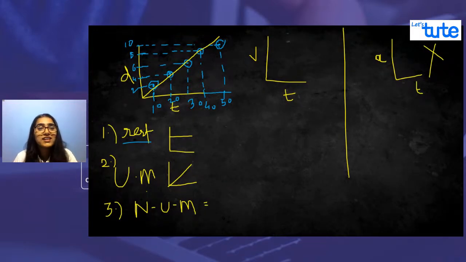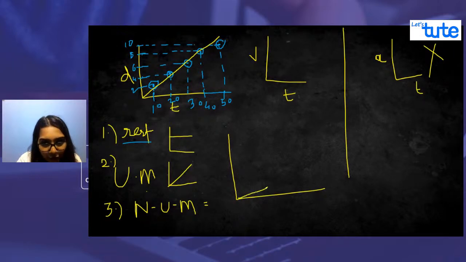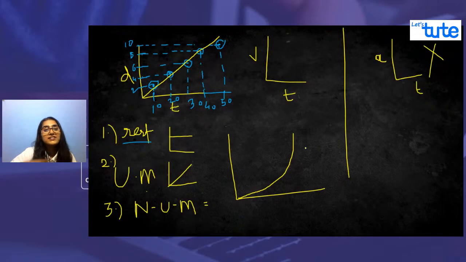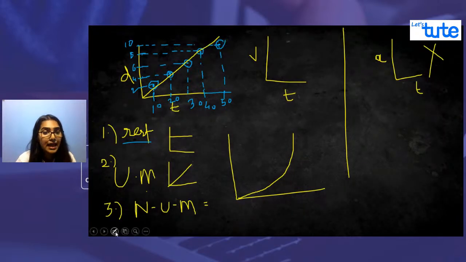And because of that, the graph will look like this. It is not a straight line. It is a curved line. Remember, the distance time graph for a body in non-uniform motion is a curved line. I would want you all to remember all the three because it can come in your exams.